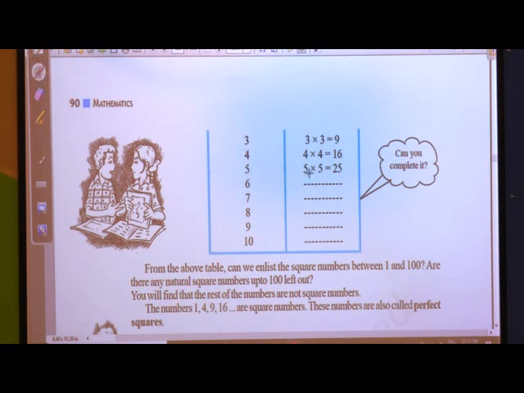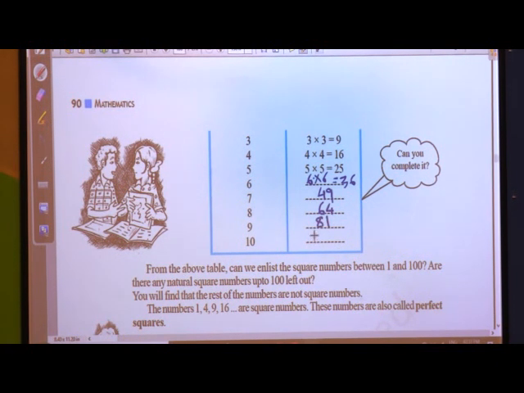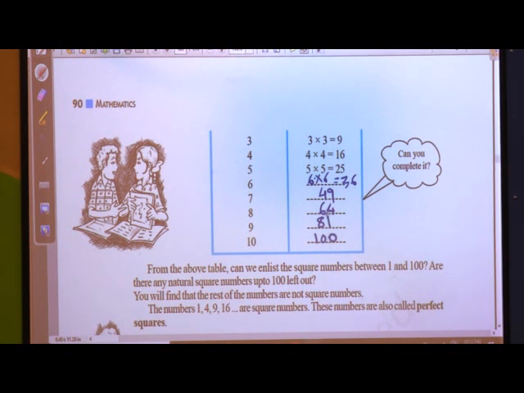So, 5 into 5 is 25, 6 into 6 is 36, 7 into 7 is 49, 8 into 8 is 64, 9 into 9 is 81, and 10 into 10 is 100. I hope the concept is clear.